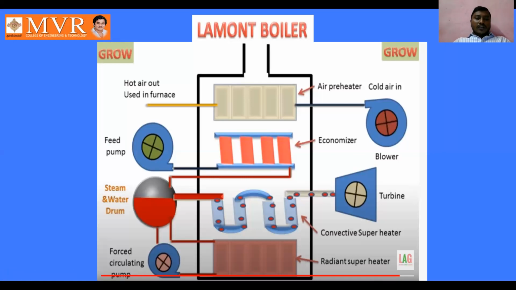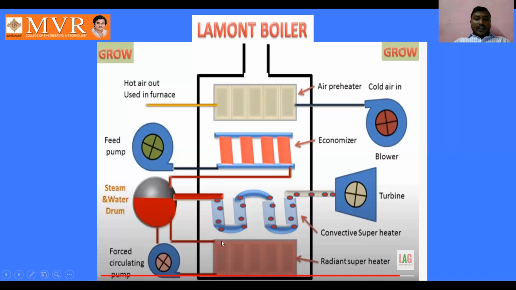Here the feed water which has entered the steam and water drum again enters into the forced circulation pump. By using the forced circulation pump, it enters into the Lamont boiler, and here the feed water is converted into vapor.